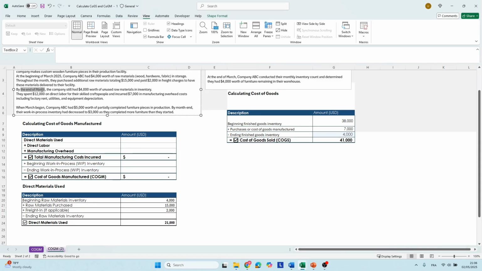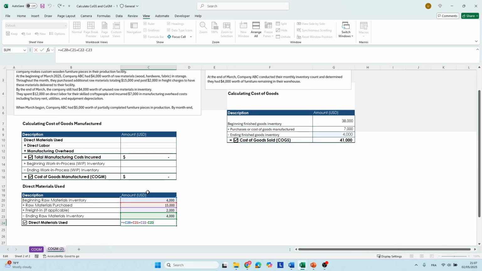By the end of March, the company still had 4,000 worth of unused raw materials in inventory. So we put 4,000. This is what we had at the end of the month, and we get the direct material used. So we had 4,000. We purchased 15 plus 2,000, and we had at the end 4,000.